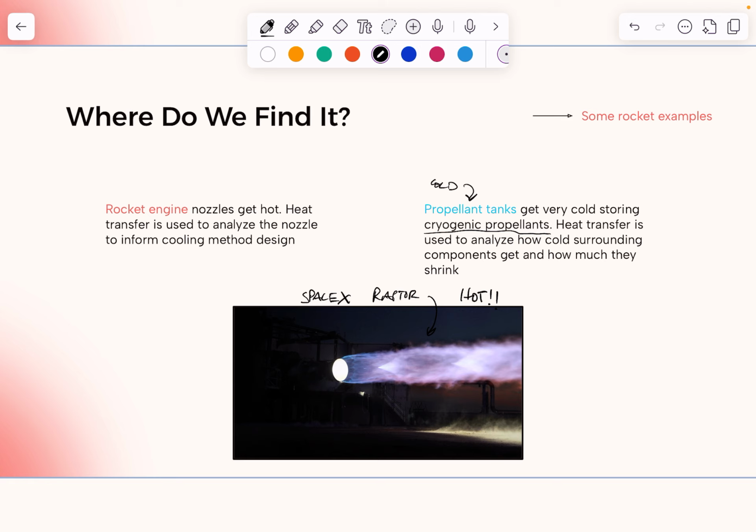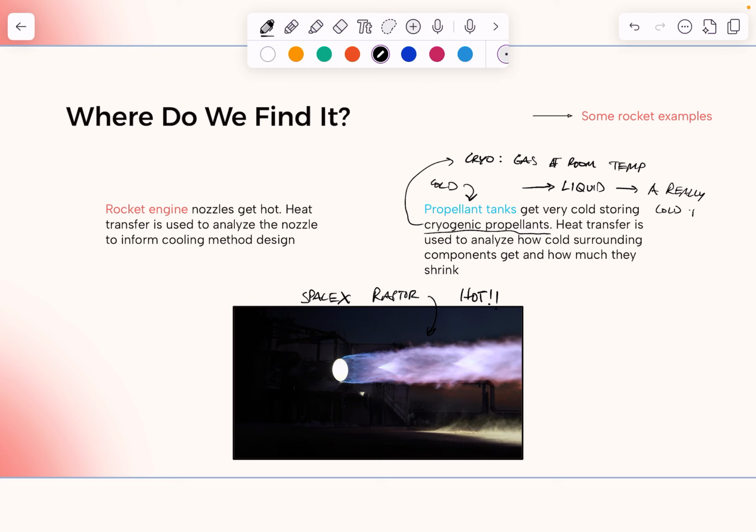Also, just as an aside, by cryo I don't just mean really cold. It's used for things that are gas at room temperature, and you chill them down until they're liquid. That's usually associated with a really cold temperature.